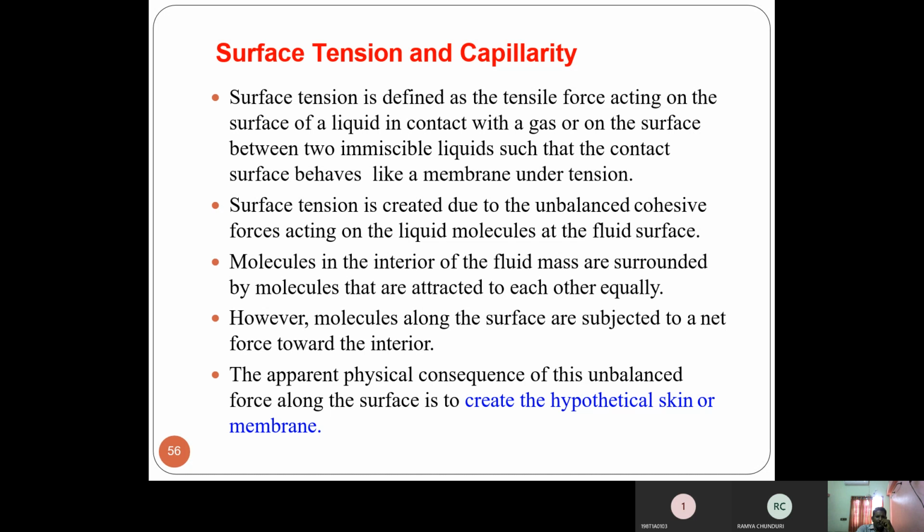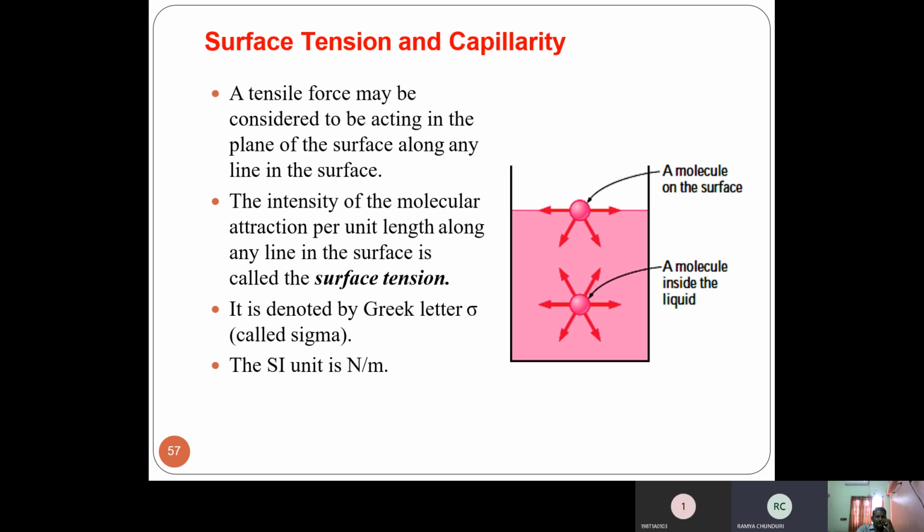The apparent physical consequence of this unbalanced force along the surface is to create a hypothetical skin or membrane. Because of this unbalanced cohesive force, it forms a hypothetical skin over the liquid that will act as a membrane, that will act as a veil, due to the surface tension.